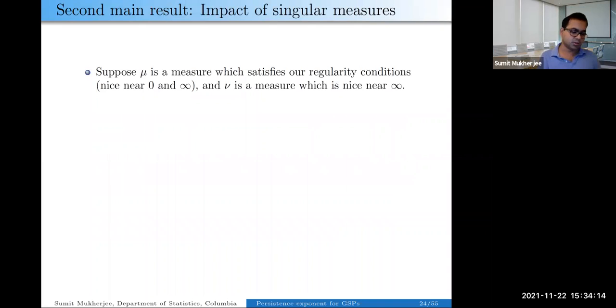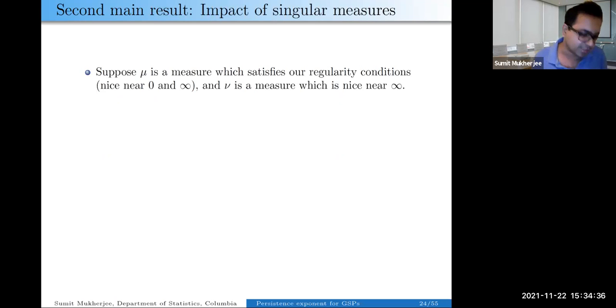Okay, so to continue with our main results, the second main result illustrates the special role of singular measures. Let's say mu is a measure which is nice near zero and infinity, and nu is a measure which is nice near infinity. Nice near infinity means that it has a log beta moment.